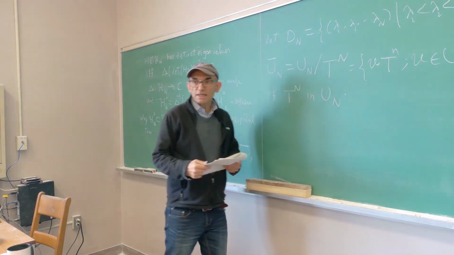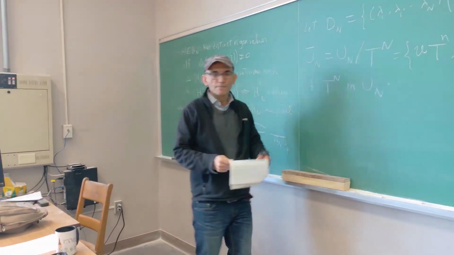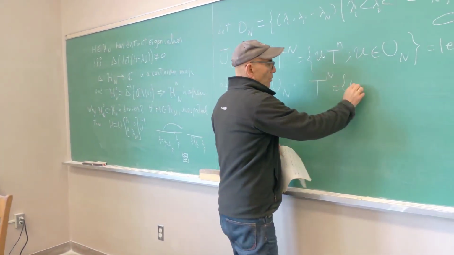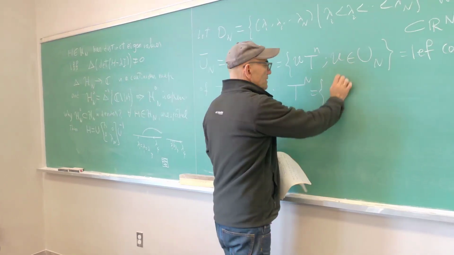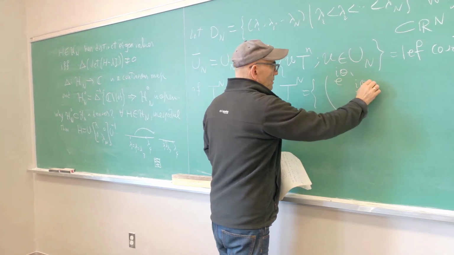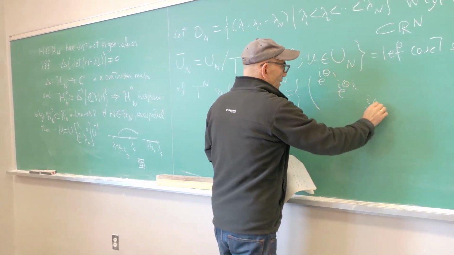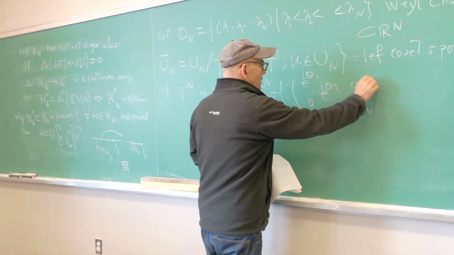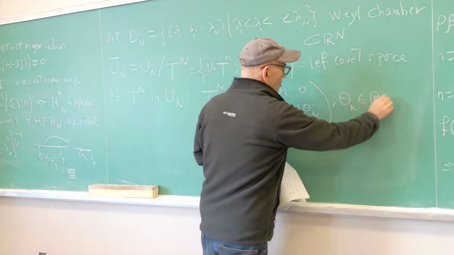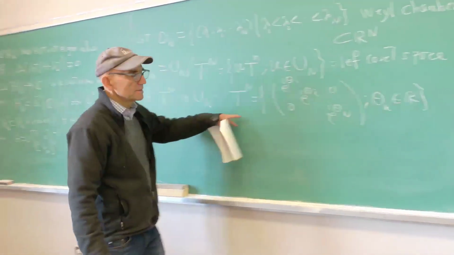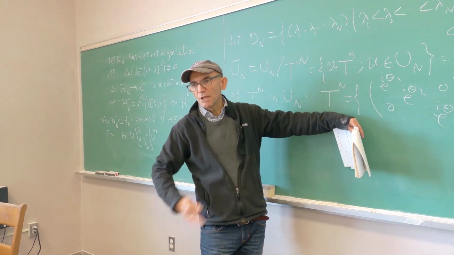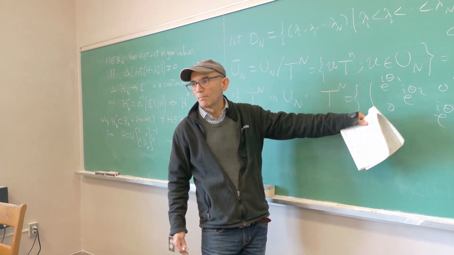Now, what is T_n? T_n is the n-dimensional torus, the set of all matrices of this form: e to the i theta 1, e to the i theta 2, ..., e to the i theta n, with theta k belonging to R. Obviously this is a unitary matrix, and all the diagonal unitary matrices are of this form.